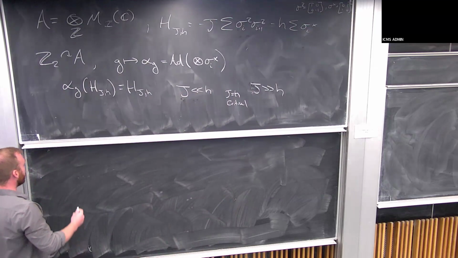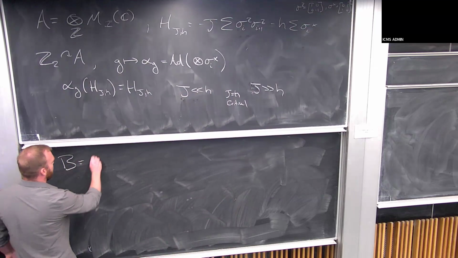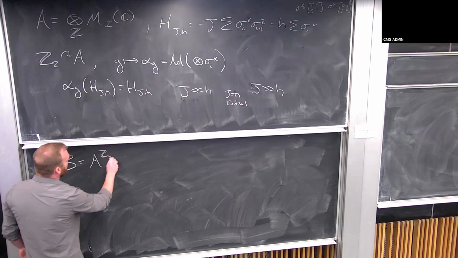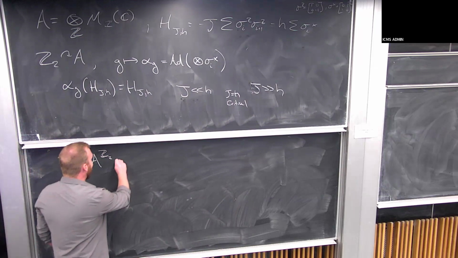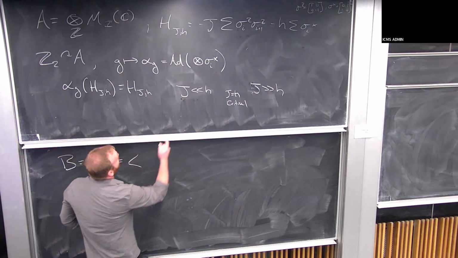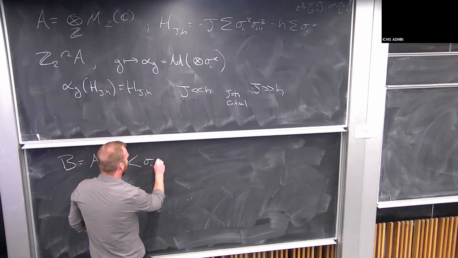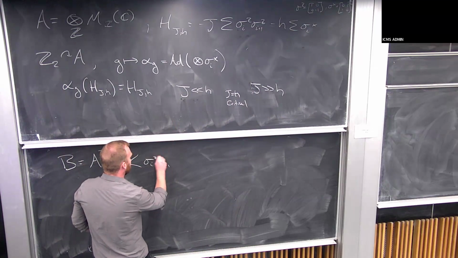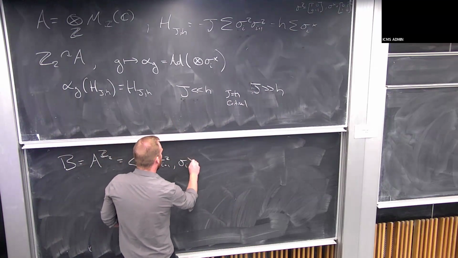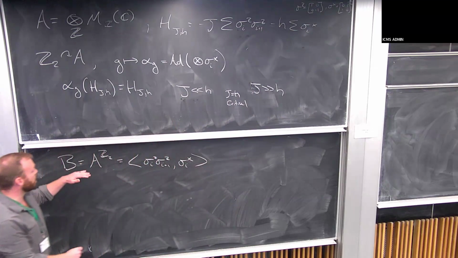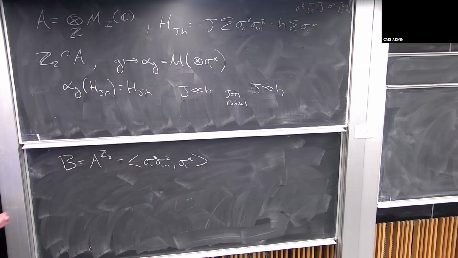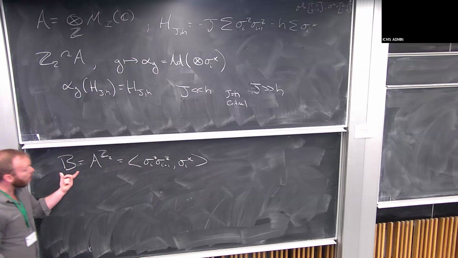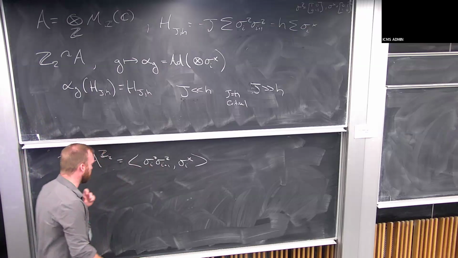The way that I do this is I take the symmetric subalgebra. This is the subalgebra of quasi-local operators that are invariant under the Z2 symmetry. It turns out that this is generated by the terms of this Hamiltonian. So if I take these operators, sigma_i^z and sigma_i^x, and take the C-star subalgebra of the whole quasi-local algebra generated by them, it generates the symmetric things. And what I can do is define an automorphism on this symmetric subalgebra called beta.